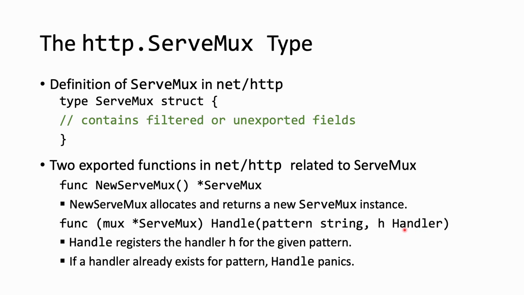The second argument of method Handle can be any value of a type that satisfies the http.Handler interface. This function registers the handler argument h for the given pattern. If a handler already exists for the given pattern, then function Handle will panic.